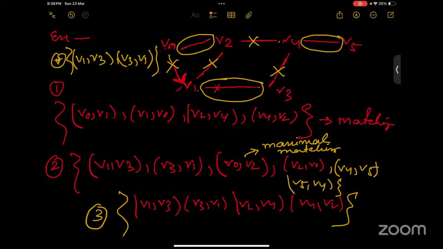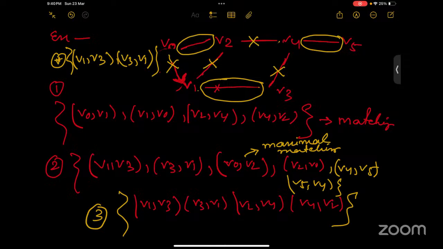It is a subset of E and mutually disjoint. It is similar to the independent set, the trivial one, right? So finding the smallest matching is trivial. It will automatically be singletons. Taking any one edge will be the minimal matching.